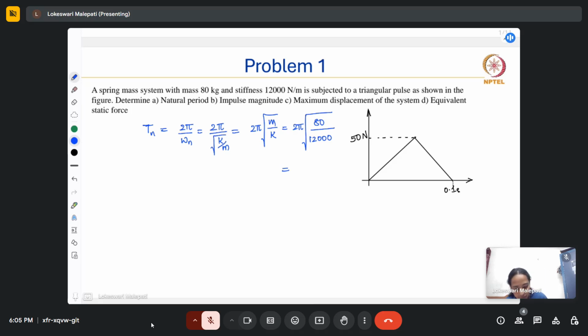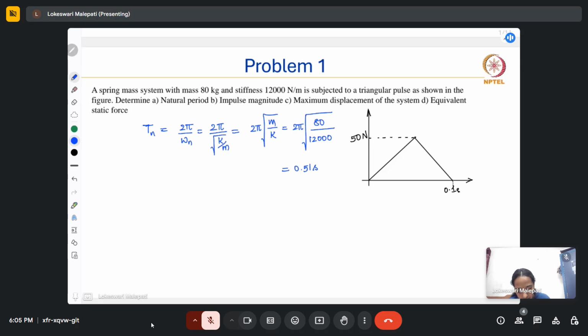So what is the value of natural time period that you are obtaining? You would get a value of 0.51 seconds. So this is the first part of the problem.